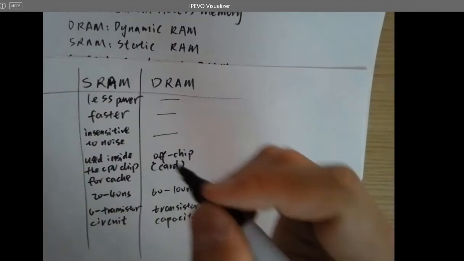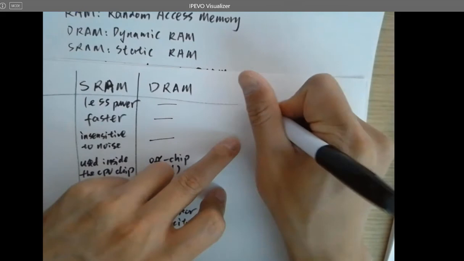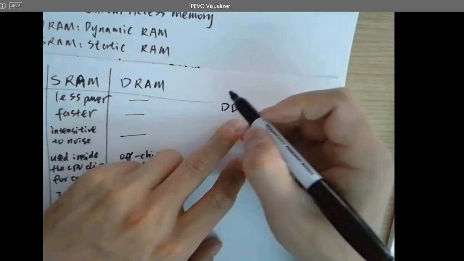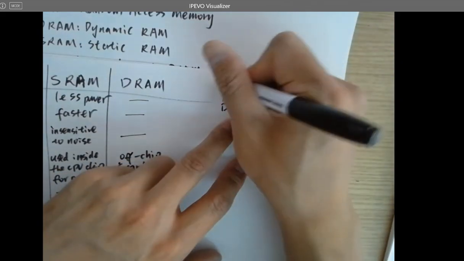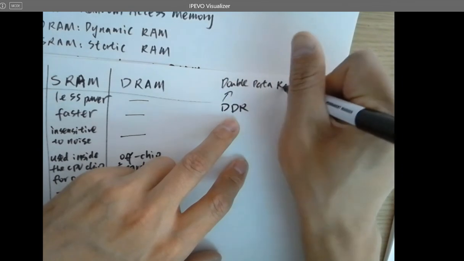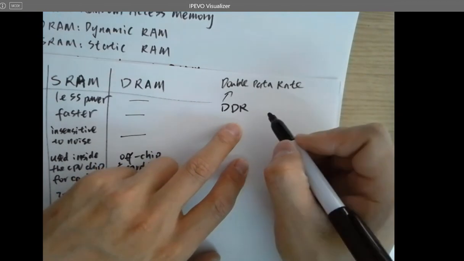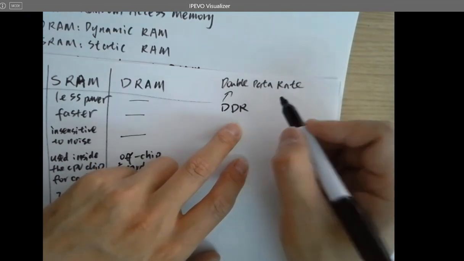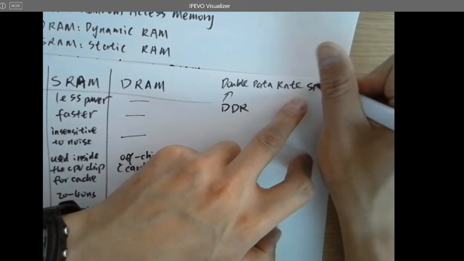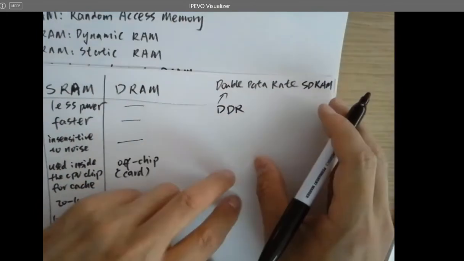I did a search to see the years for these memories. DDR means double data rate. They're all DRAMs, right? Double data rate SDRAM. You can directly buy it online.